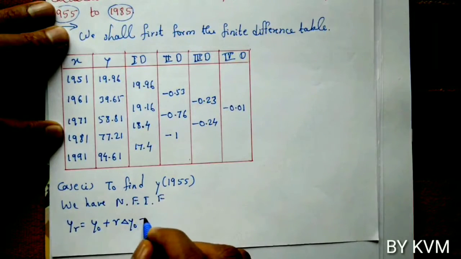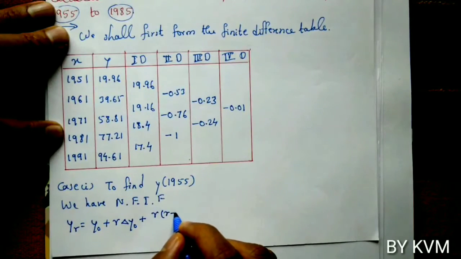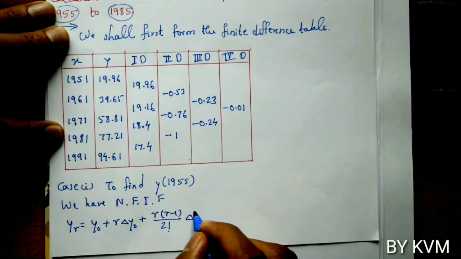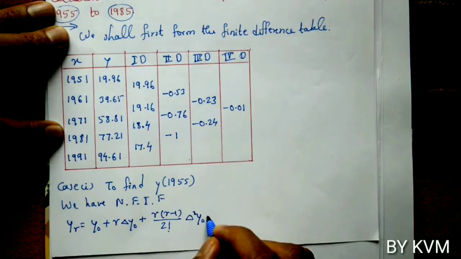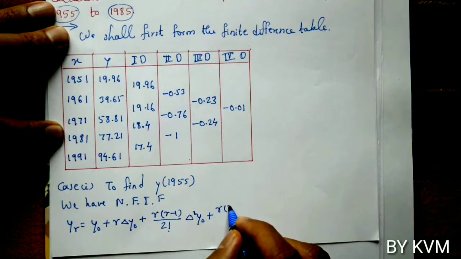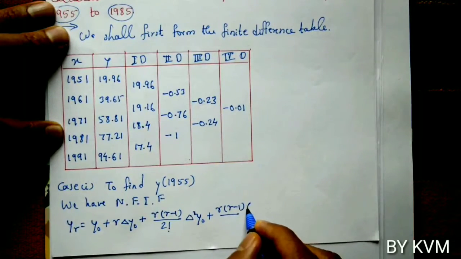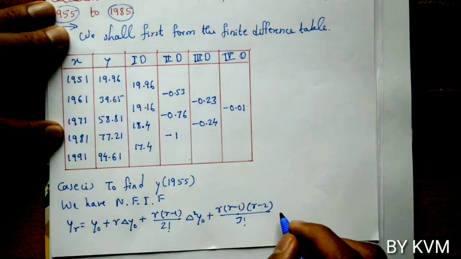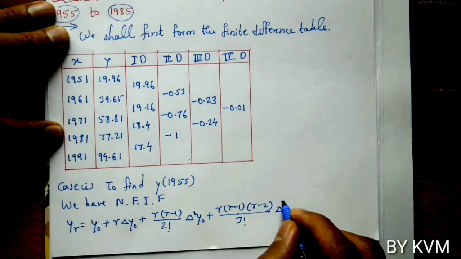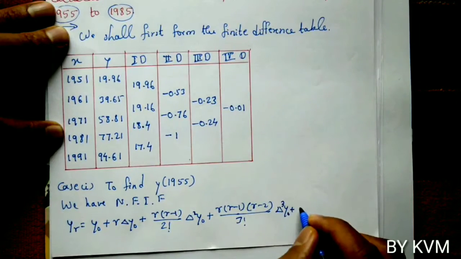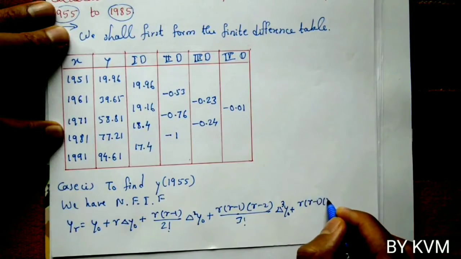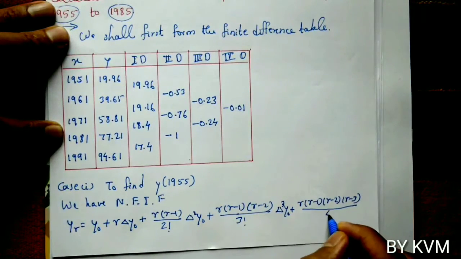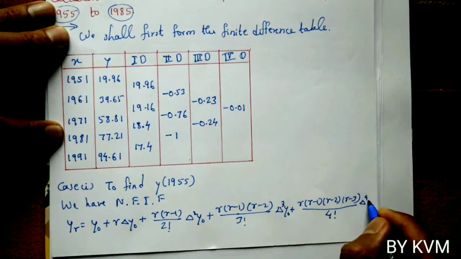The formula is y_r equals y naught plus r into delta y naught, where delta y naught is the first forward difference, plus r of r minus 1 by 2 factorial into delta square y naught, plus r of r minus 1 into r minus 2 by 3 factorial delta cube y naught, plus r of r minus 1 of r minus 2 of r minus 3 by 4 factorial delta power 4 y naught.